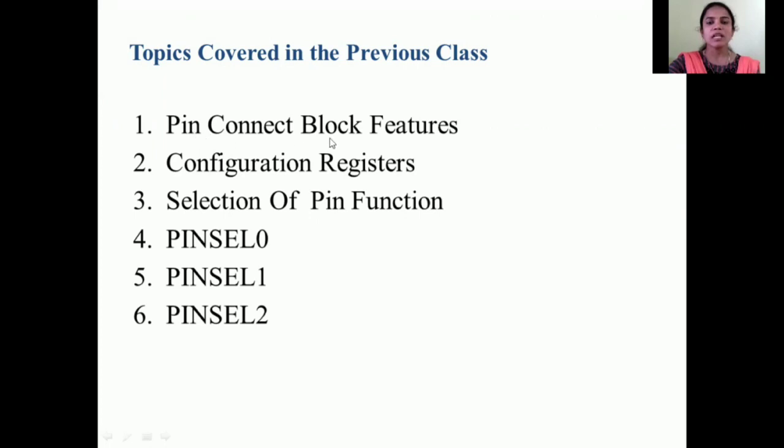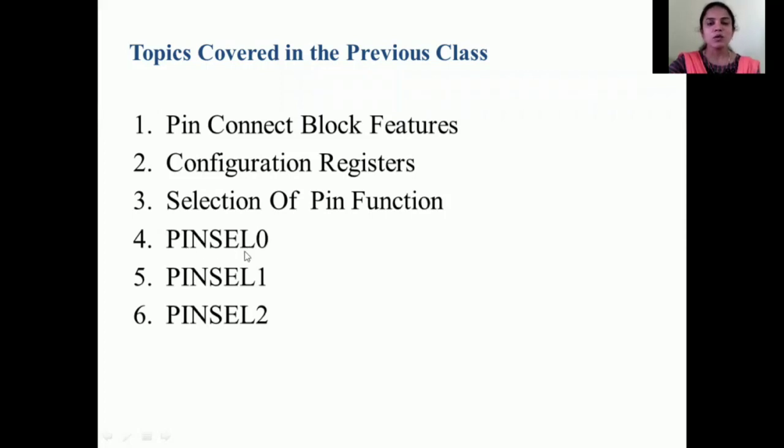The pin connect block allows selected pins of the microcontroller to have more than one function, using configuration registers. There are three configuration registers in the pin connect block: pin select 0, pin select 1 and pin select 2. All three are 32-bit registers.